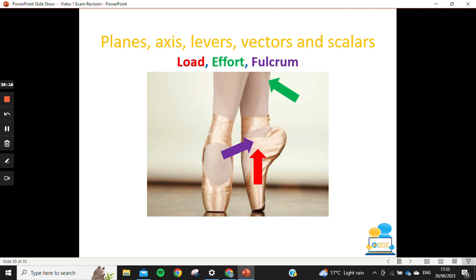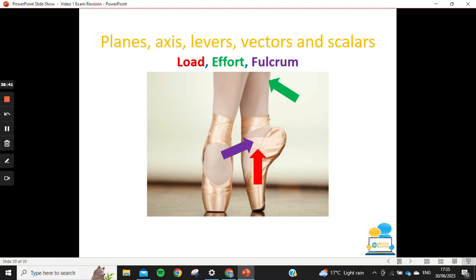For our second class lever then, we have our effort, which is provided by our calf muscle. We have our load, which is provided by our body weight, and then we have our fulcrum, which is our ankle joint here. And as we can see, the load is in the middle of the fulcrum and the effort.